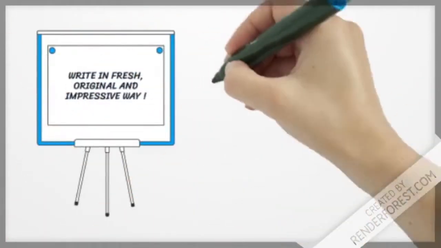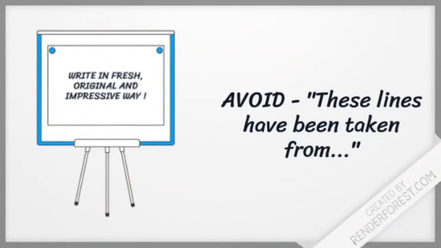Now, being students of PG level, don't begin with the references in that monotonous traditional way like these lines have been taken from so and so and written by so and so. You know, first impression is the last impression.